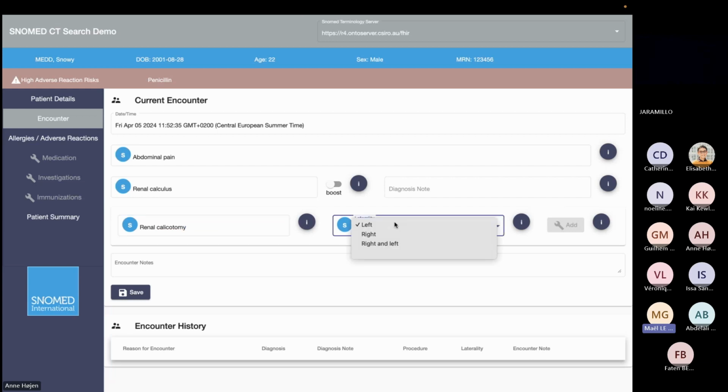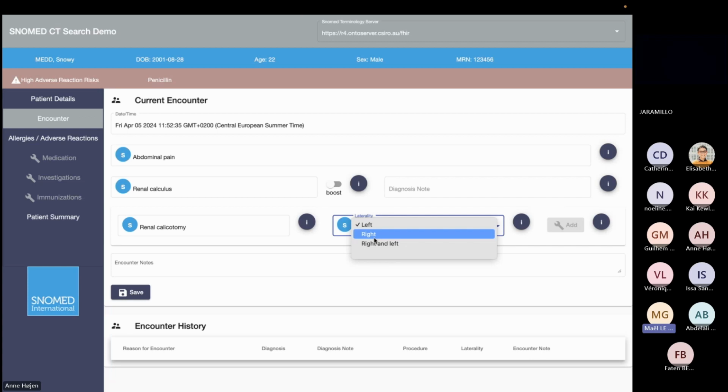And now you can see the laterality field has been enabled because the renal calicotomy is a procedure that is performed on either the right kidney or the left kidney. And this procedure has been defined with a procedure site of the renal structure. Our kidneys are lateralizable because we have a left and a right.